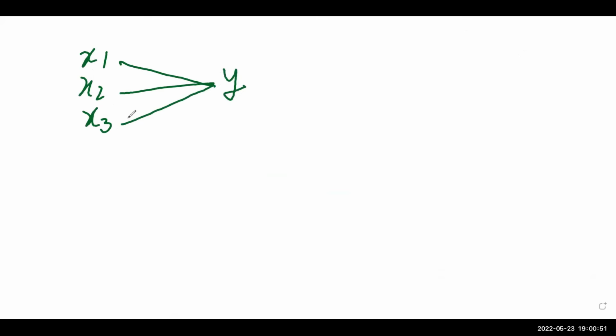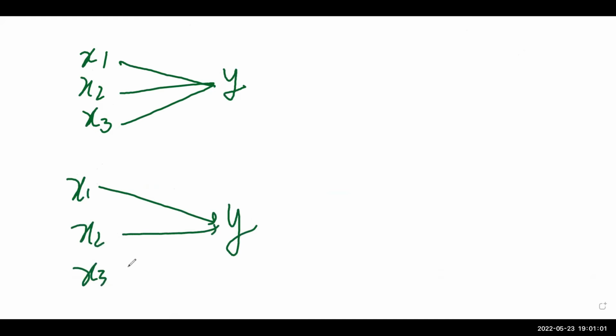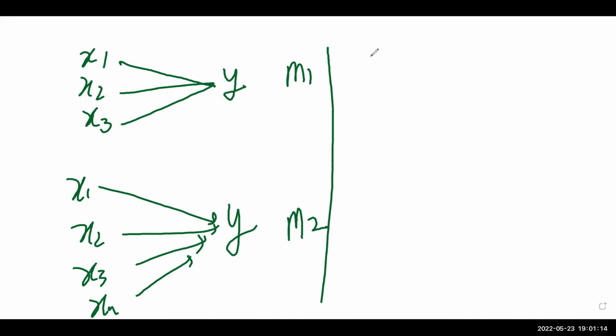Suppose you have x1, x2, x3, and they are influencing y, and you want to add x4. So you run another model, x1, x2, x3, x4. You have model 1 and model 2, and you have R square and adjusted R square.